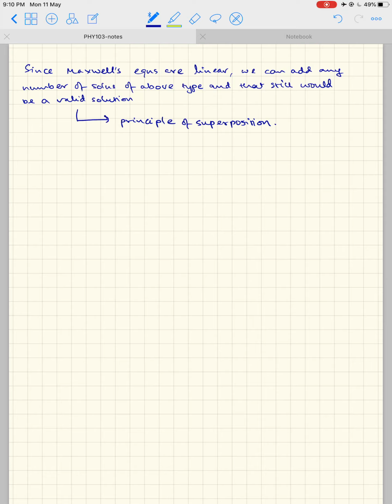Okay, so what we are going to be doing is using complex analysis, complex notation.